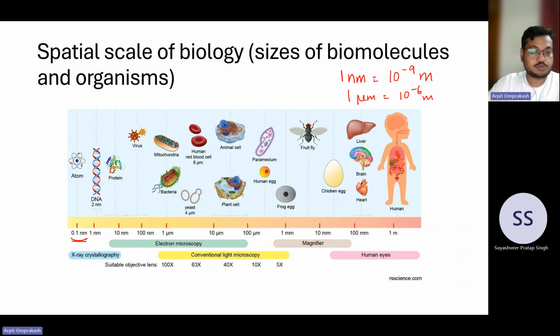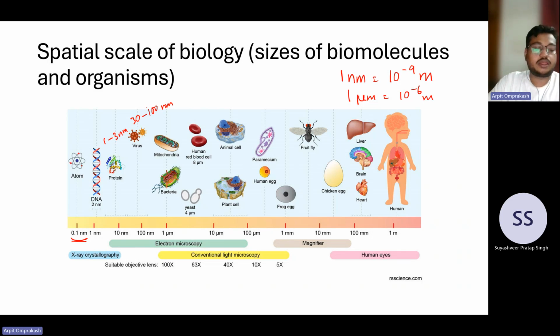So the distance between each base pair is around 2 nanometers. Then we have proteins, which generally range from 1 to, let's say, 3 nanometers in size, but there are some larger proteins also. Then we have viruses, which can range from 30 to 100 nanometers in size.